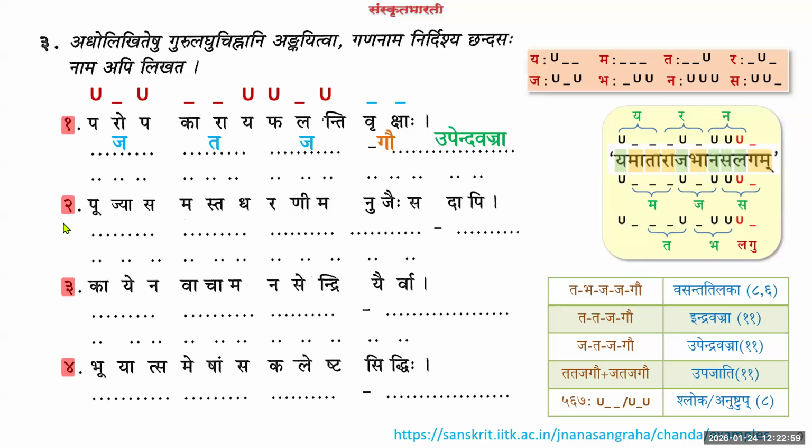Bhagini, you tell now. So Pu is guru. Jya is guru. Sa is laghu. Ma is guru. Well done. Ta is guru. Sorry. No, hold on. Ta is why guru? Ta is laghu, sir. Sorry. Ah. Ta is laghu.